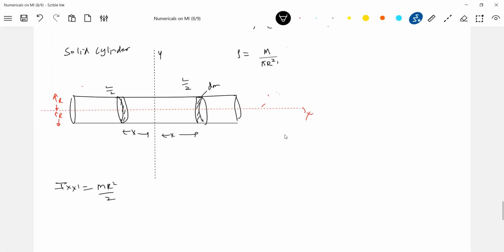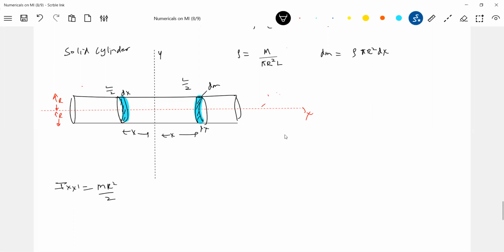Pi r square into L. Then what is the mass of this small element? dm is equal to rho into pi r square into dx.